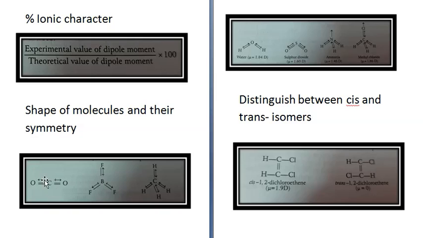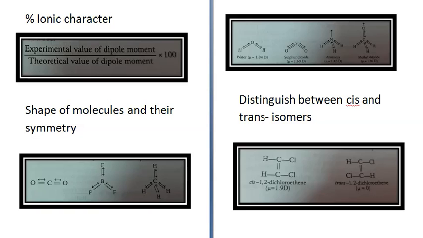So this is symmetrical. Same over here, BF3: the center atom is boron, on the sides you have the same atom fluorine, and the net dipole will come to 0. So it is symmetrical. CH4, carbon is the central atom, hydrogens at the corners, so again it is symmetrical.